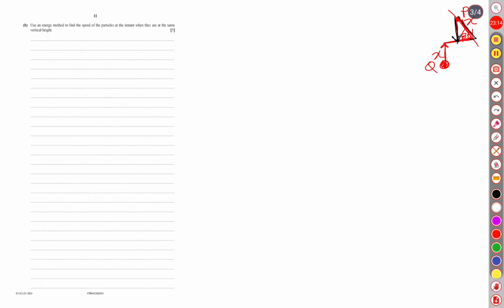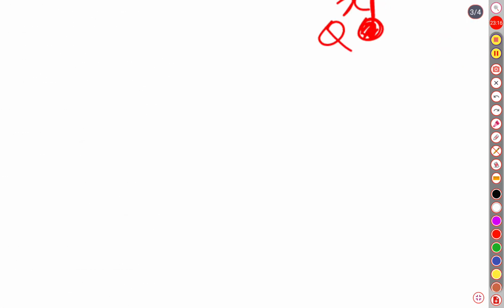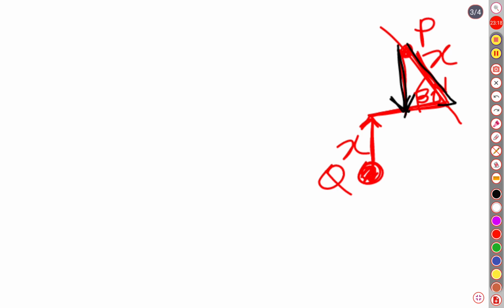Let me zoom it out. Well, now suppose at this height they have reached. For this height we should know how much displacement has been done by P. Suppose this is x, this is not horizontal, this is the hypotenuse.